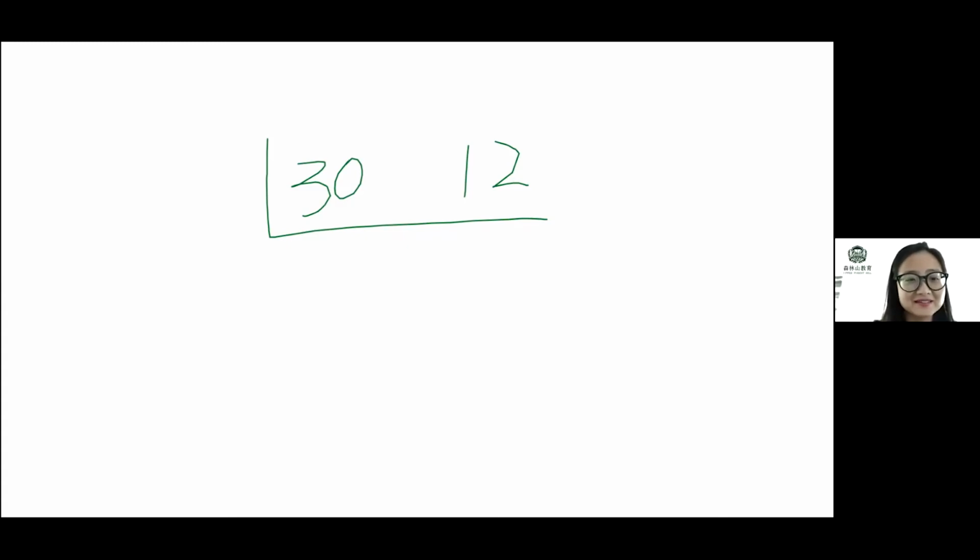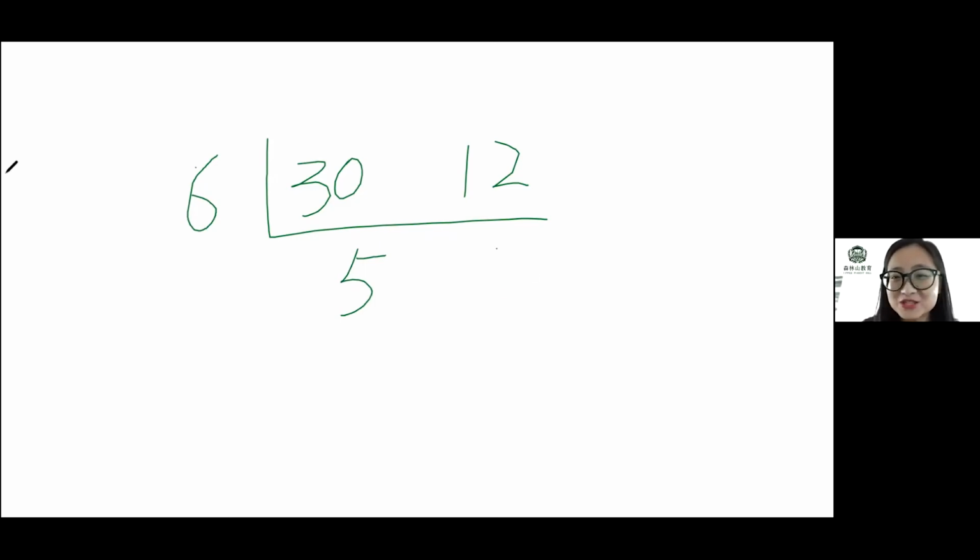Okay, let's try the common factor. What number should we put over there on the left side? Bowen? 6. We can put 6 over here. So 5 times 6 is 30. And Bowen, what number do I put over here? 2.